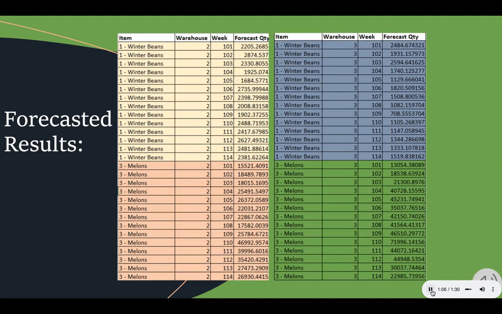So with this data, it just proves to be true that Holt Winters method is the most accurate method for seasonal or cyclical graphs or seasonal cyclical patterns. So this data just further proves that.